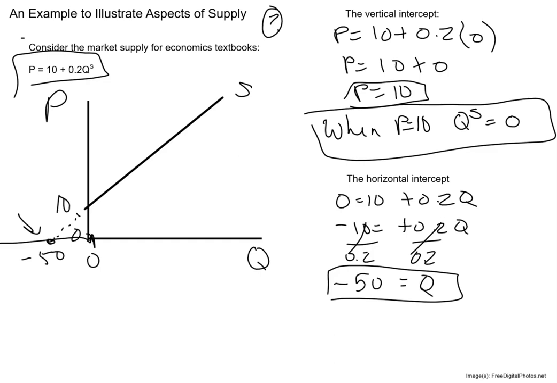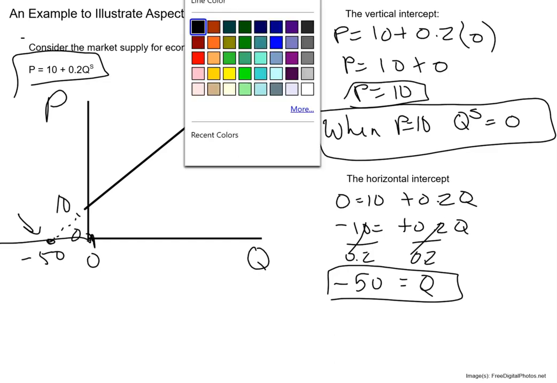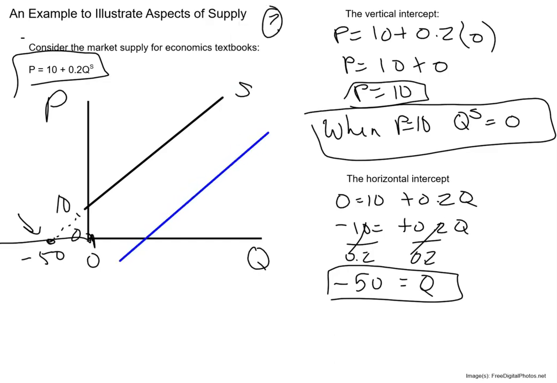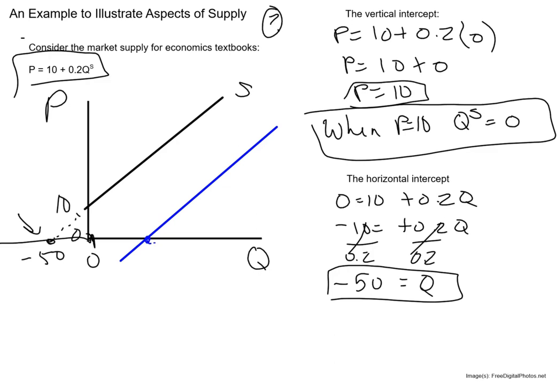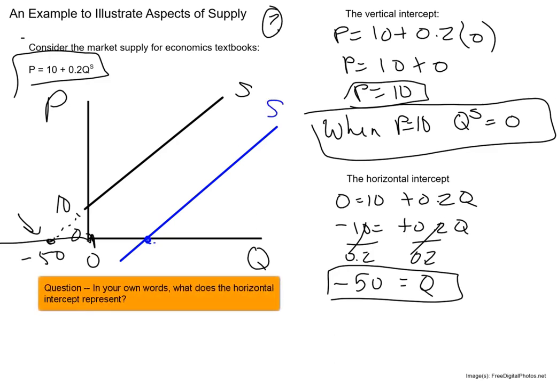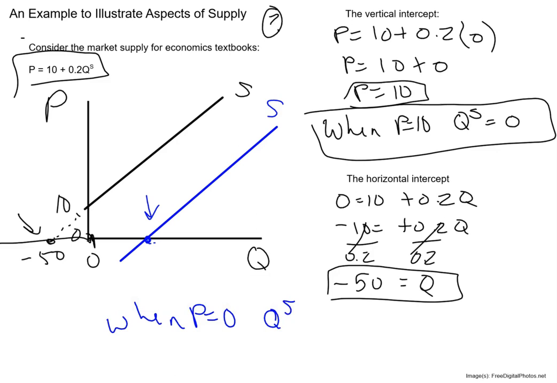But I want to draw a slightly different line real quick. What if, instead of this equation, what if instead I had a line that looked like this? Can you think about what this horizontal intercept would look like in blue? This would be when P equals 0, the amount of quantity supplied.